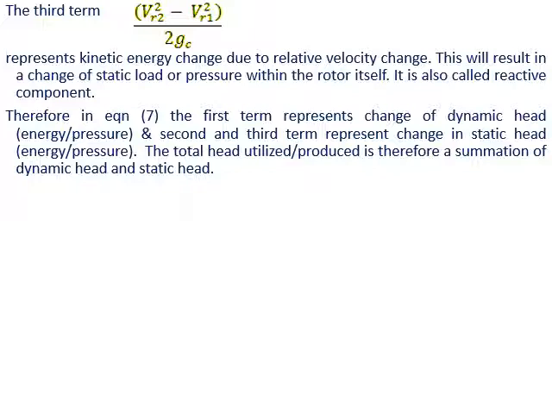Therefore, in equation number 7, the first term represents the change of dynamic head, also called energy of pressure. The second and third terms represent the change in static head. The total head utilized or produced is therefore a summation of dynamic head and static head.